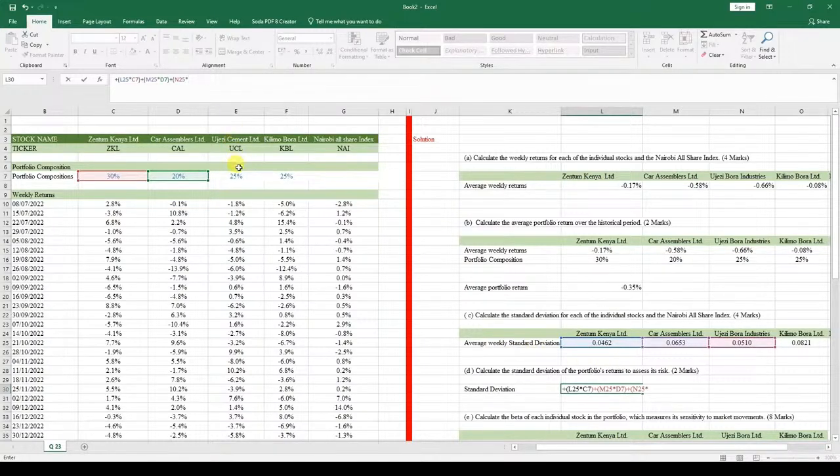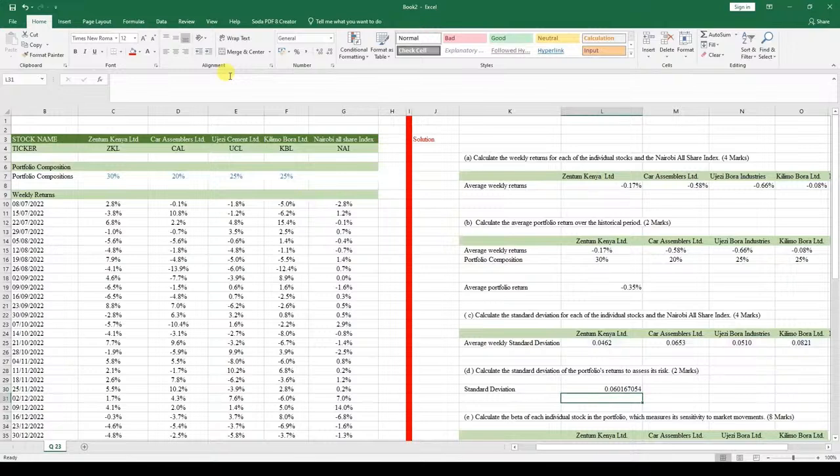times the Ujenzi cement over here. Then we close the brackets, plus we pick this value here and we multiply that against that value there. Open the brackets and we close the brackets like that, and we just click enter.